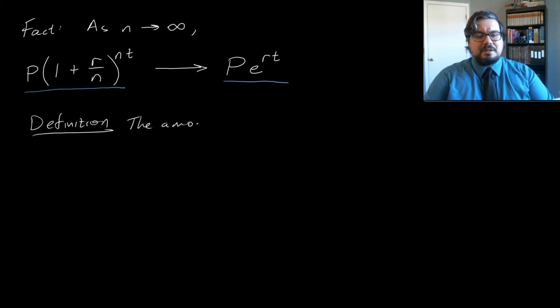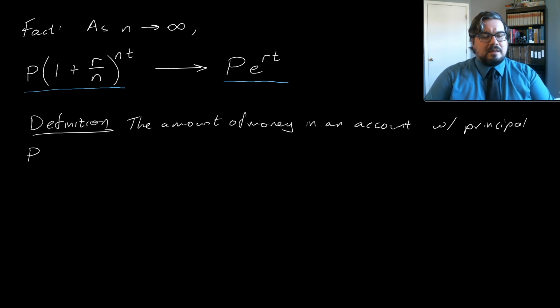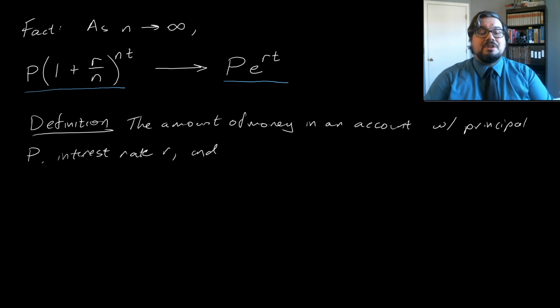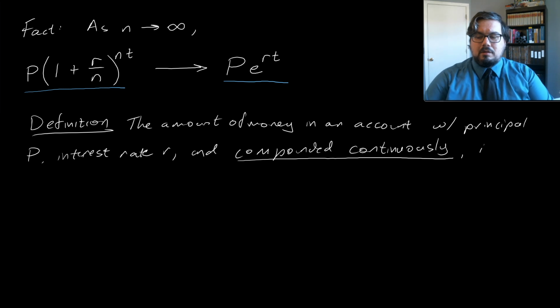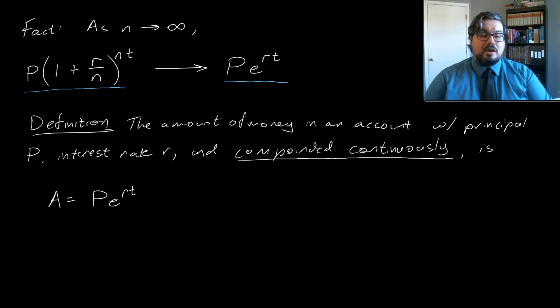The amount of money in an account with principal P, interest rate r, and compounded continuously is the amount A equal to Pe^(rt).